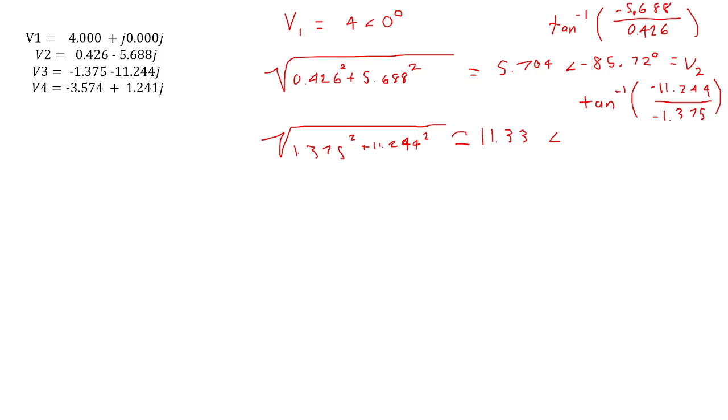The arctangent returns the angle in the right half of the unit circle for a positive real component.